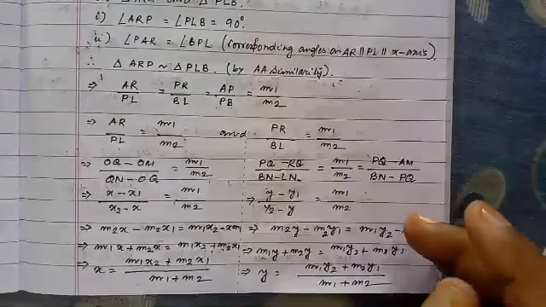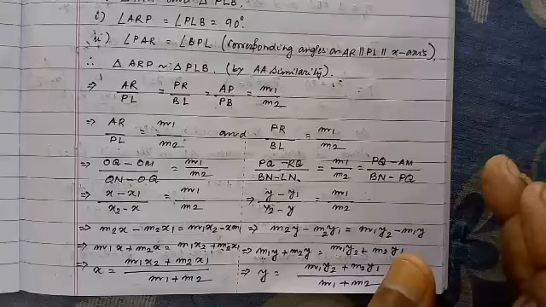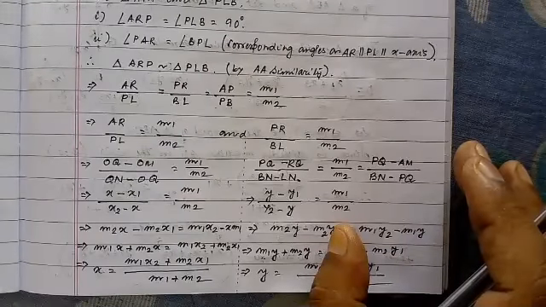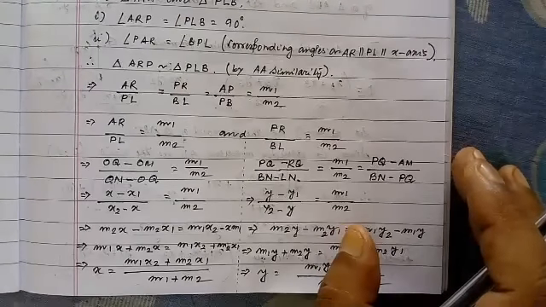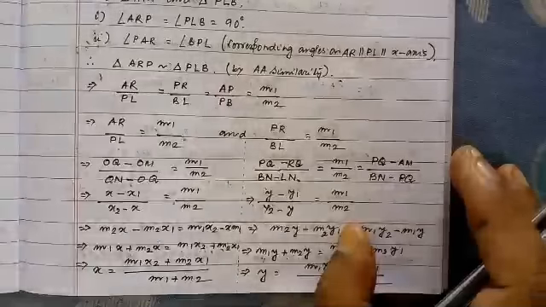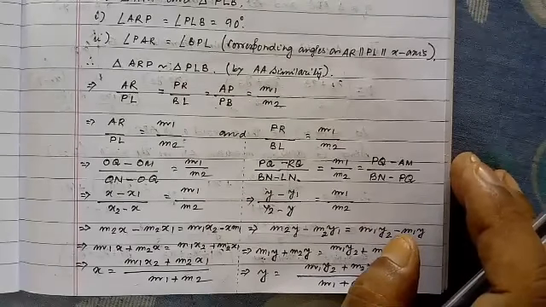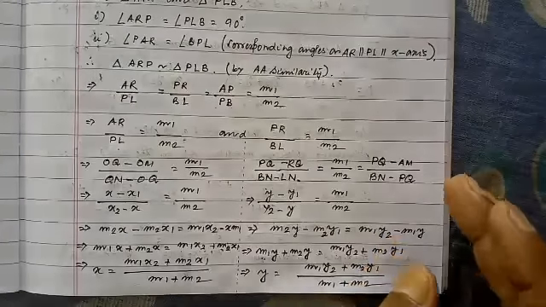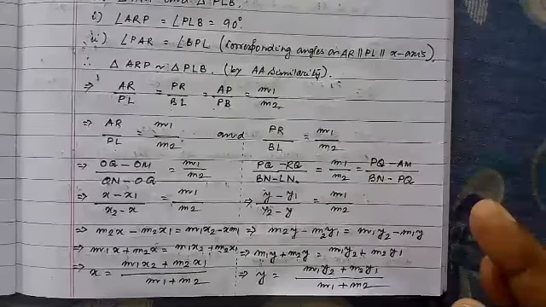So what we get is, when a point P divides the join of A(x1, y1) and B(x2, y2) in the ratio m1 is to m2, then the coordinates of the point P(x, y) are, for x, (m1 x2 plus m2 x1) by (m1 plus m2) and y is equal to (m1 y2 plus m2 y1) by (m1 plus m2).